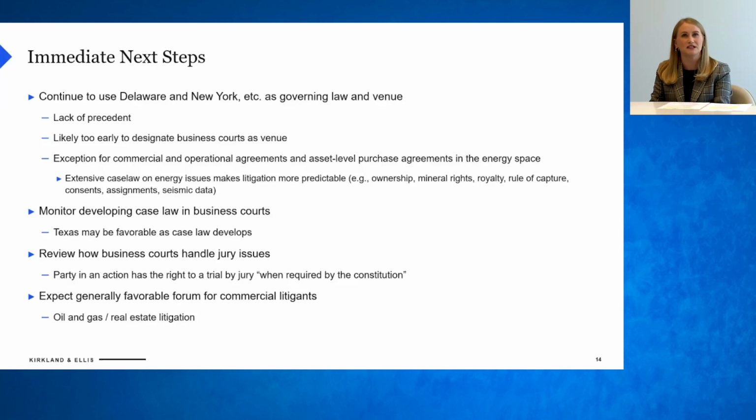It's a little too early to tell how the precedent will develop. We can guess and predict how that will go, but we do have a lack of precedent at this point in time. And so it's probably best to continue using Delaware and New York as we watch the Texas business courts evolve.